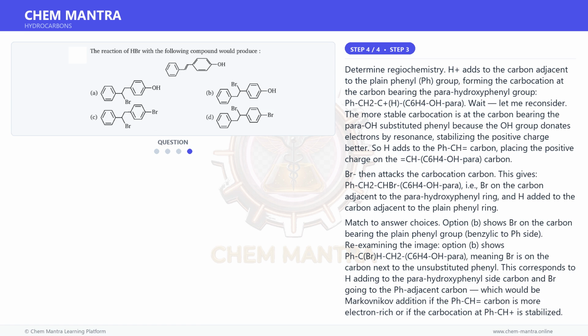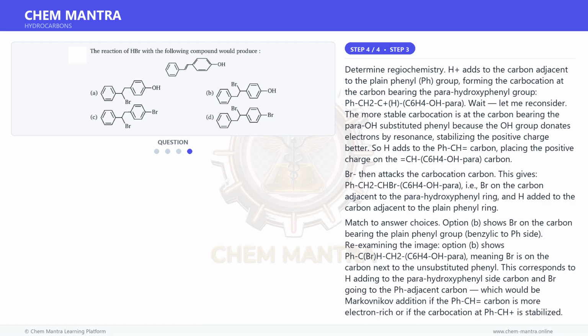Actually, both carbons are benzylic. The para group makes the carbocation at the carbon bearing 4-HOC6H4 more stable. Thus Br attacks that carbon, giving PhCH2CHBrC6H4-para. But option A shows this connectivity too.